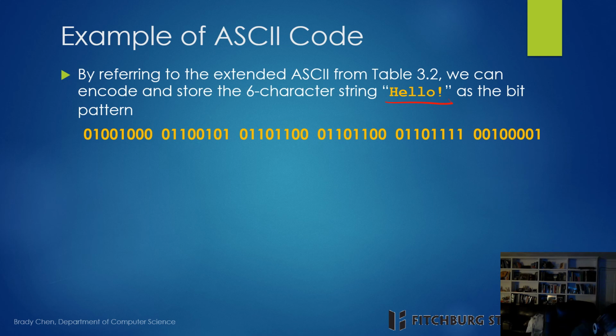and it contains 6 characters. The first one is capital H, lowercase e, L, O, and factorial. Okay, now to find out what is the ASCII code the computer system is going to use, we need to check the ASCII table, right?